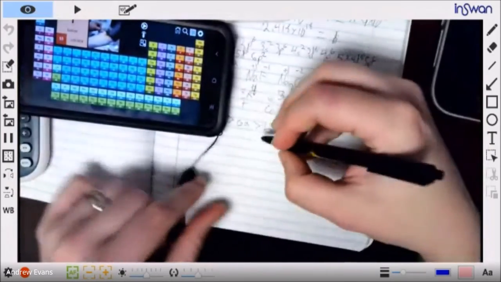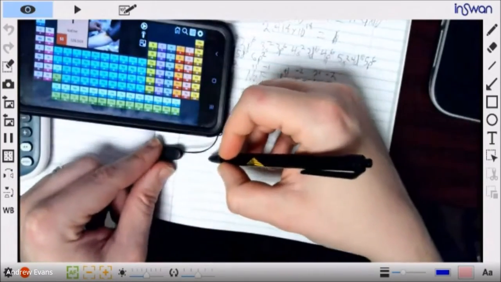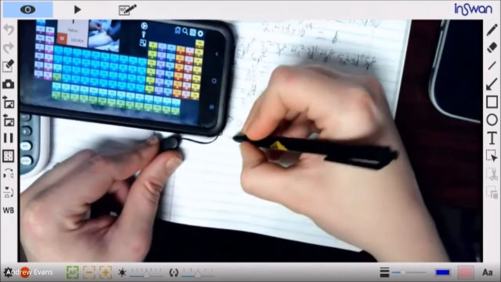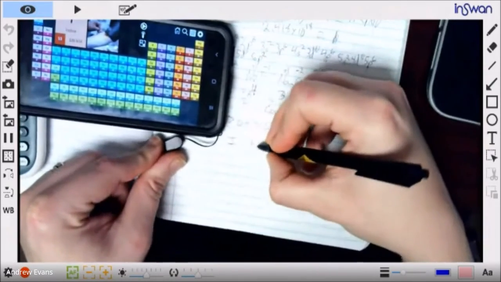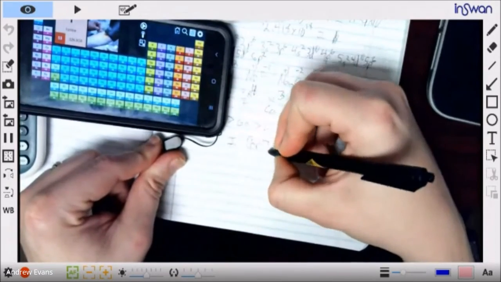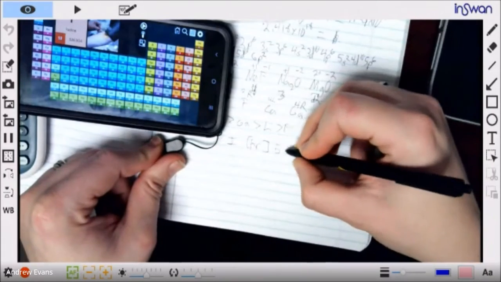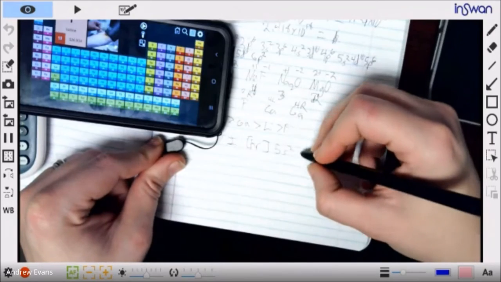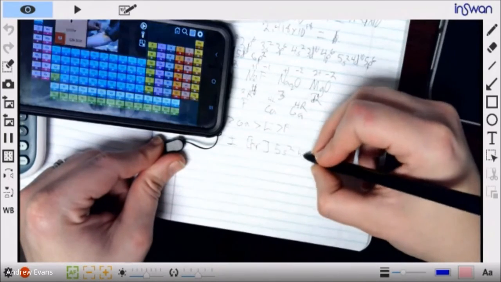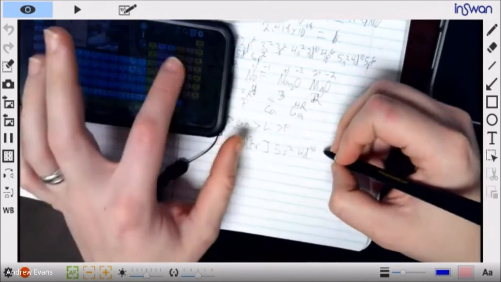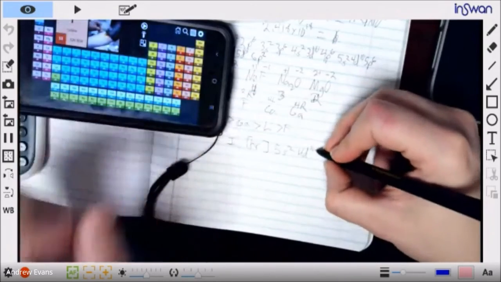So for iodine, start from krypton, which is row 4. So we start 5s2, 4d10, 5p5.